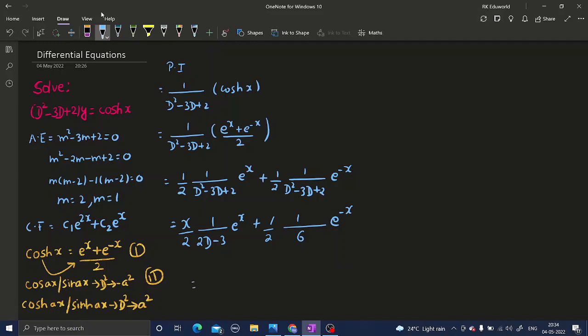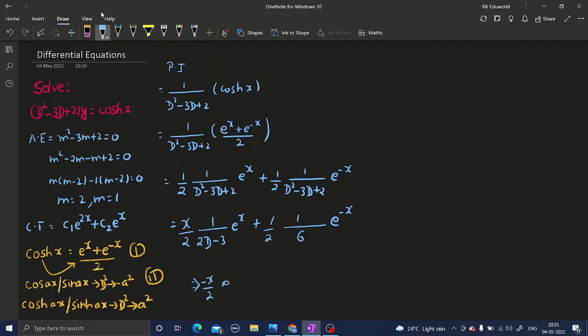Now here, again you can put this 1 here, so x by 2. If you put 1, you will get 2 minus 3, which is minus 1, so I can take that minus sign here. 1 upon 1 is not good to write, so let's remove that.